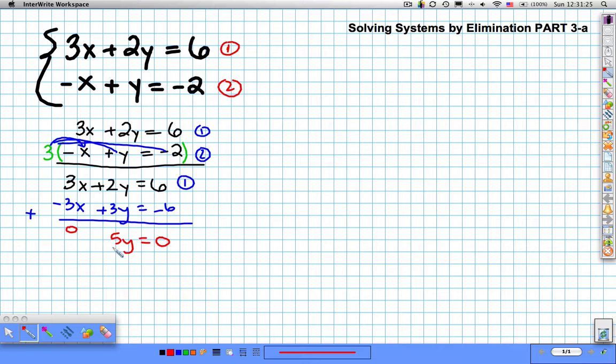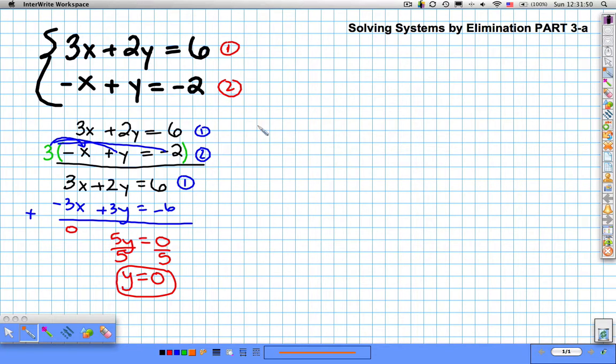That's okay. Now think about this: 5 times y equals 0. Obviously y must be 0, because anything times 0 must be 0. But in case you don't see that, watch what happens when I use inverse operations. 0 divided by 5 is 0, so y equals 0. Just like before, we're going to substitute this back into one of the original equations. I'm going to use the second one because it's simpler.